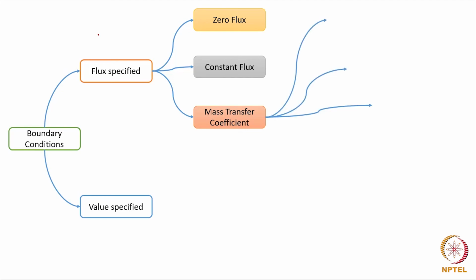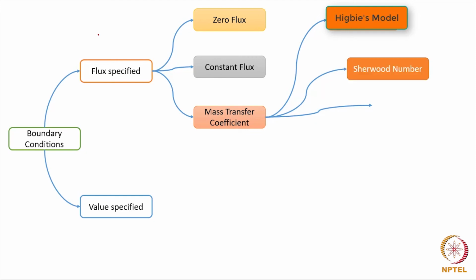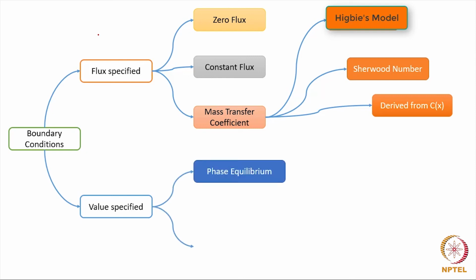The mass transfer coefficient can be made available because we have different models like the Higbie model, or the Sherwood correlations, or they are also derivable by knowing the composition profile if it was available analytically. When the value is specified, then we have to get those values of the concentrations or compositions at the boundary from either phase equilibrium or reaction equilibrium.